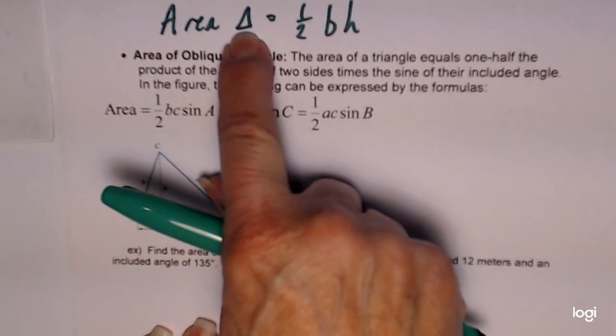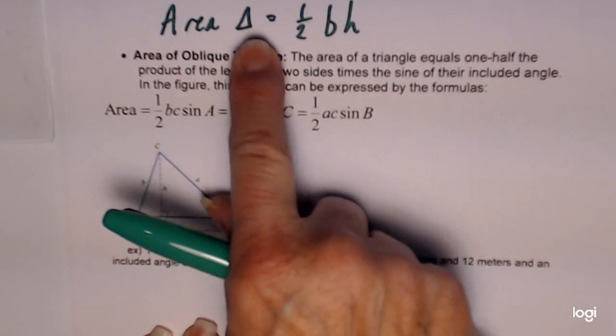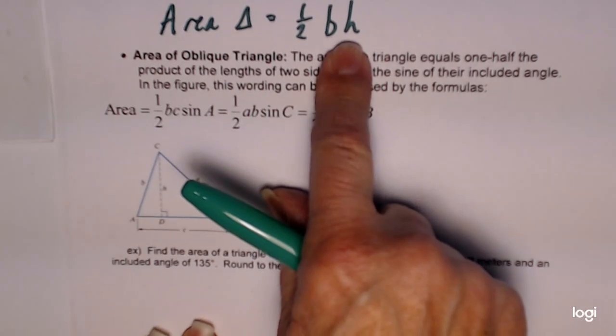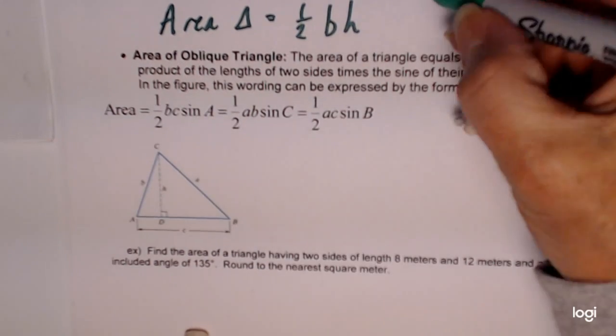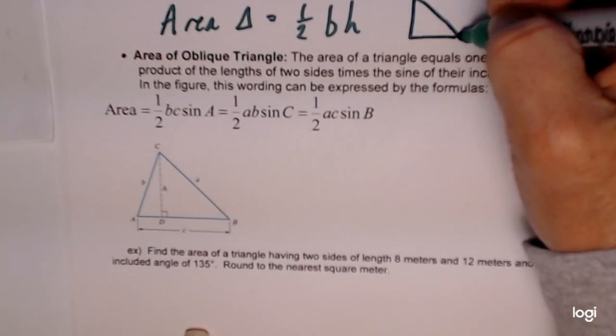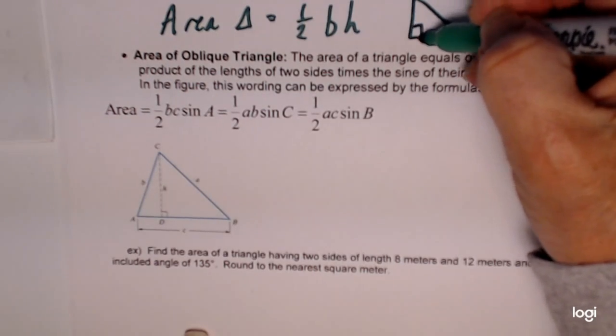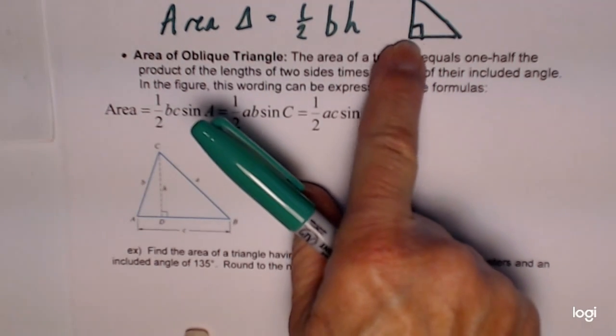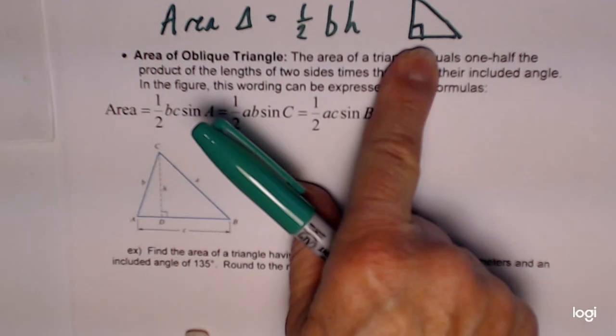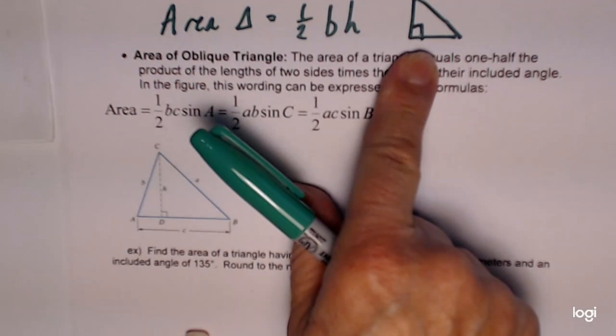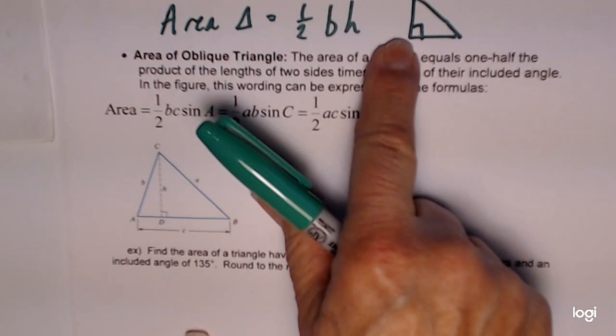So here that would be the base. And then the height of the triangle, if we had a right triangle, this height here is formed making a 90-degree angle with the base. So the area would be 1/2 this length times this length.